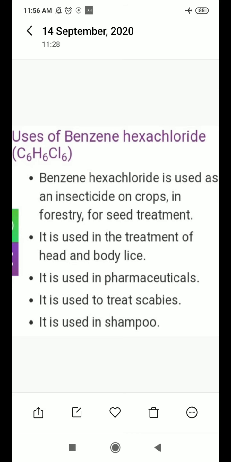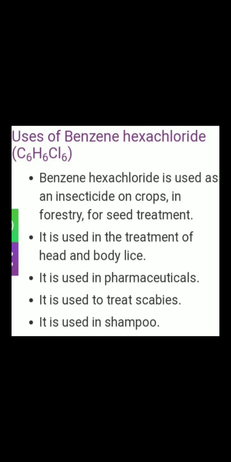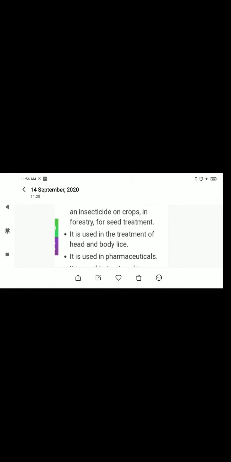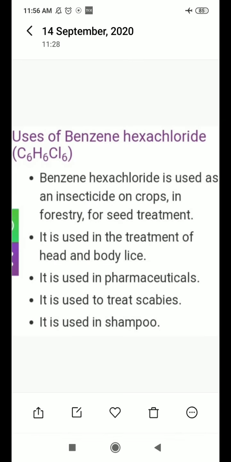First one Lindane shampoo, then Lindane cream or lotion. Then it is also used as an agriculture insecticide and pesticide. You are all aware about these insecticides and pesticides.